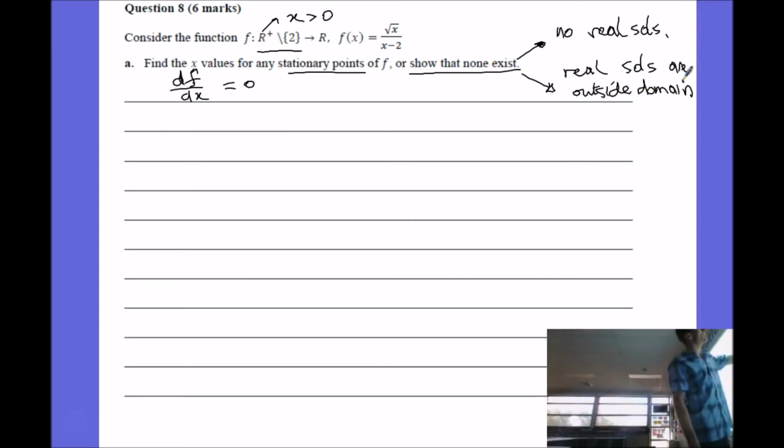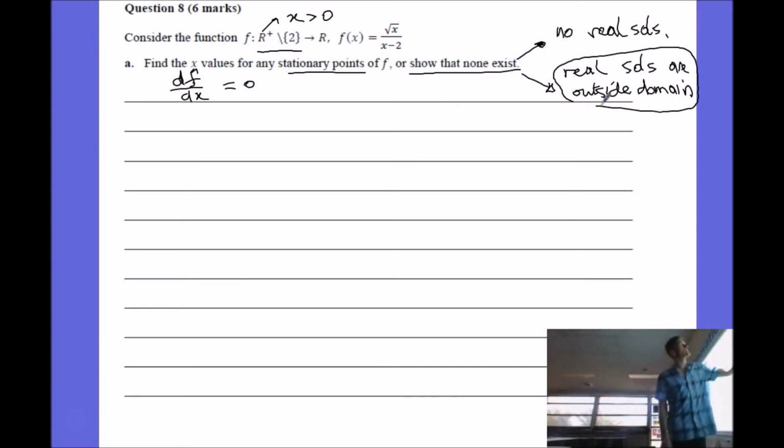Now, when looking at the function of x, doing the derivative, maybe a quotient rule, and equating it to 0, solving for x, I'm thinking the second option is likely to be the case if none exist. Alright, let's try it.